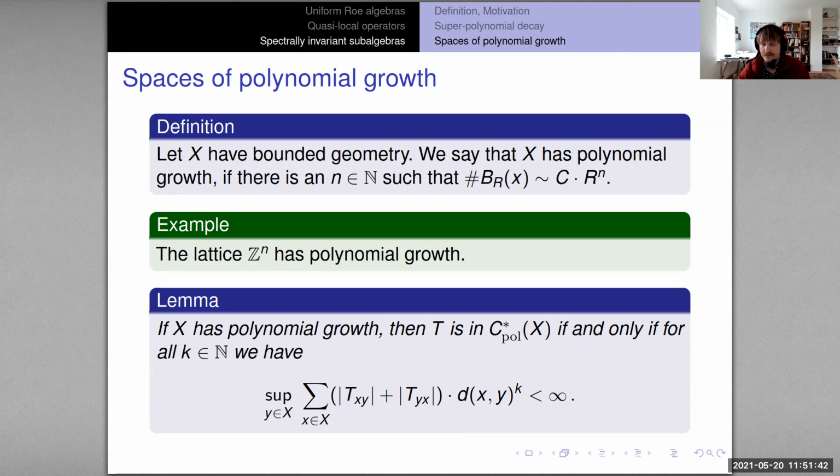But I wanted to comment that for the integers, this huge K-theory actually has a physical reason why it has to exist. That's because this uniform Roe algebra has lots of traces, and it contains many things.